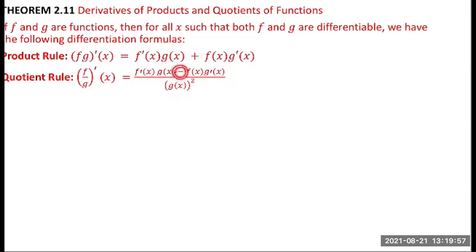Here in the quotient rule you have a minus sign. If you notice, this one and the top look exactly the same except for this minus sign. This sign is switched here. All divided by g of x squared. This is what we call the quotient rule.